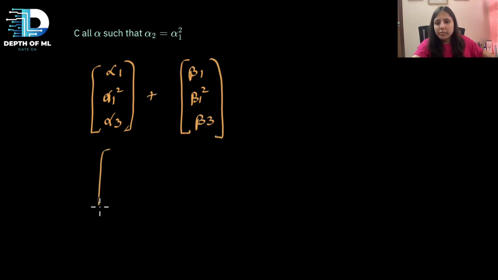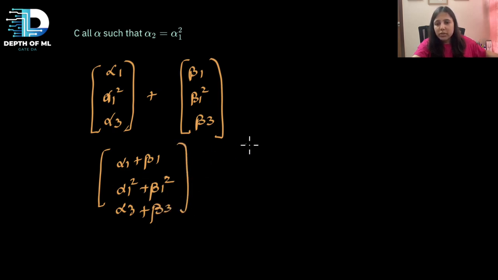So I'll have alpha 1 plus beta 1, alpha 1 square plus beta 1 square, and alpha 3 plus beta 3. Now this second one: let's say alpha 1 plus beta 1 is equal to A. If this is A, then the second entry should have been A square, right?